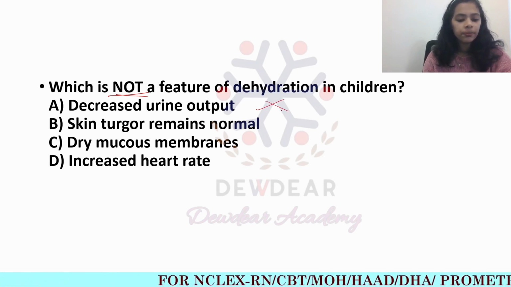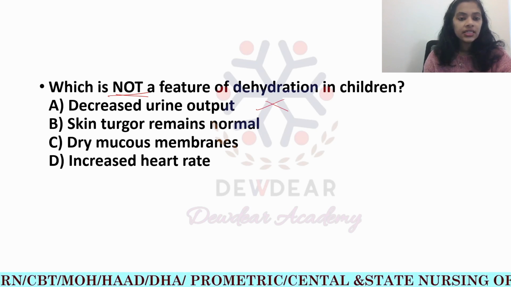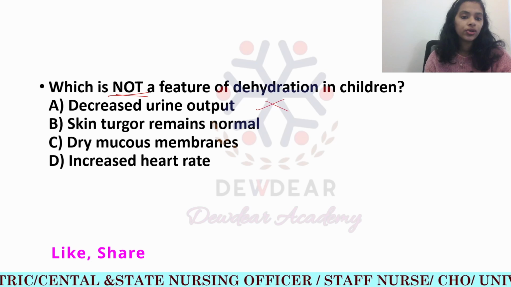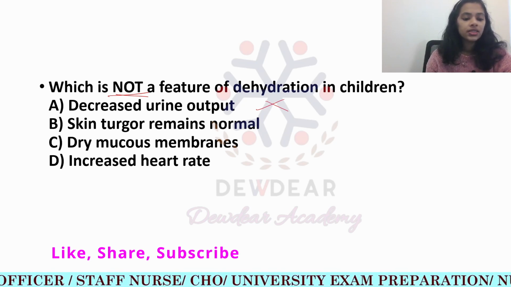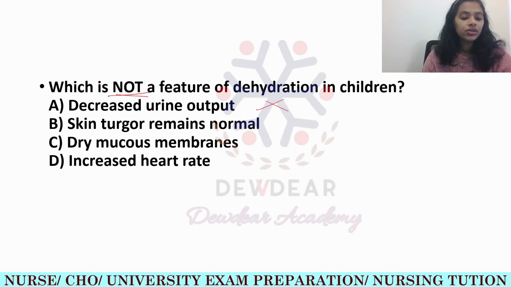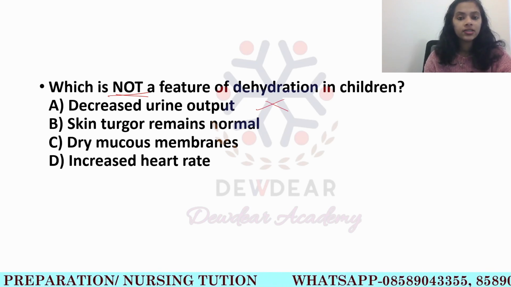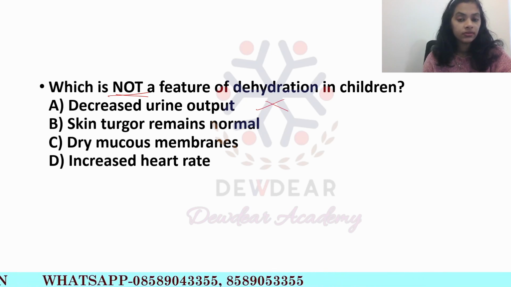Then we have option B, skin turgor remains normal. Skin turgor means the skin's elasticity and ability to return to its normal position when pinched. It does not remain normal in dehydration.